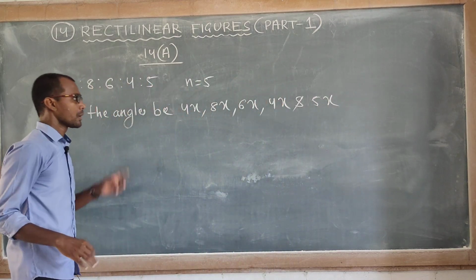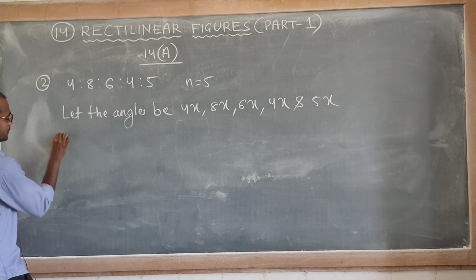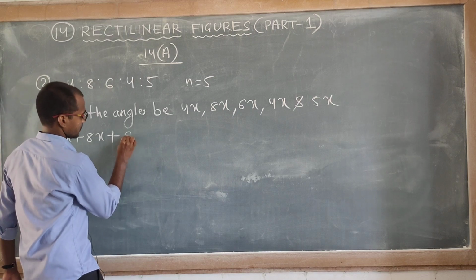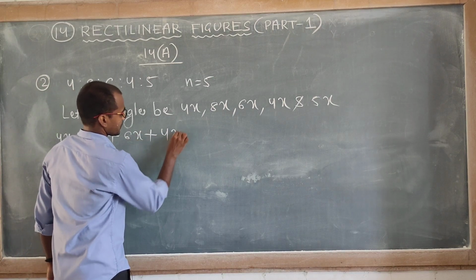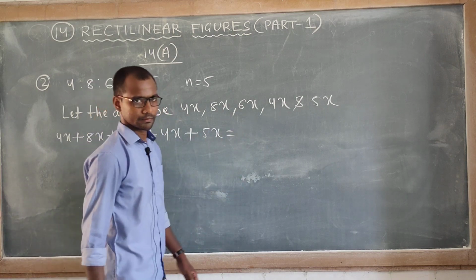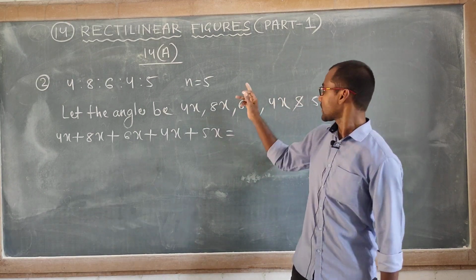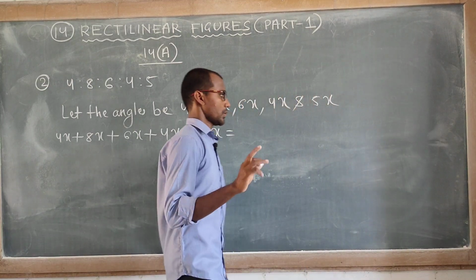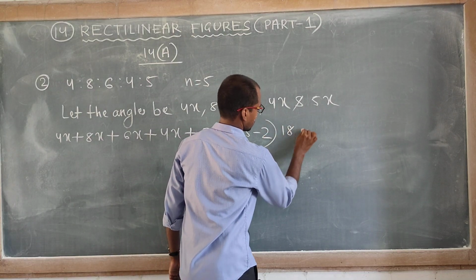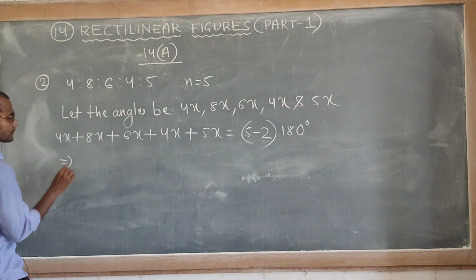Now let us take sum of the angles. 4x plus 8x plus 6x plus 4x plus 5x is equal to, sum of angles formula is n minus 2 into 180 degree. Here n is 5, so 5 minus 2 into 180 degree, using the formula.